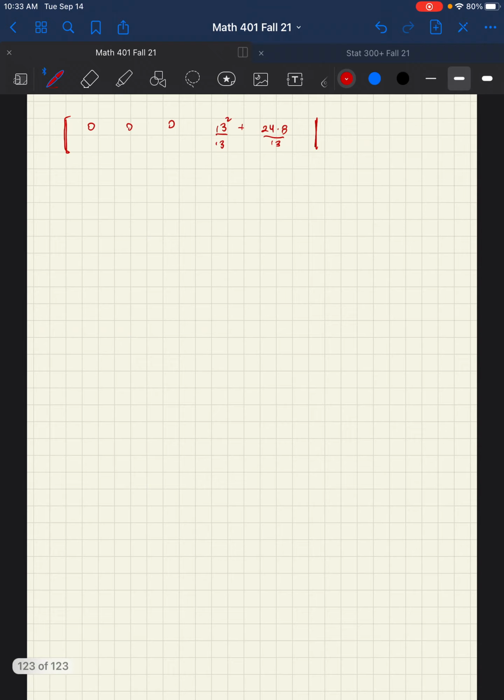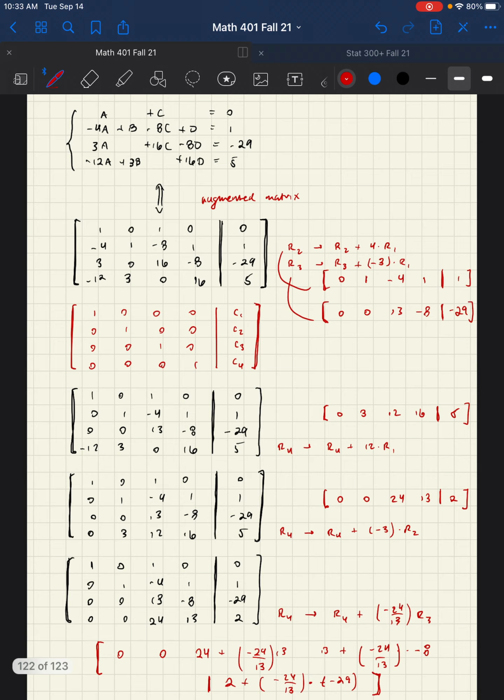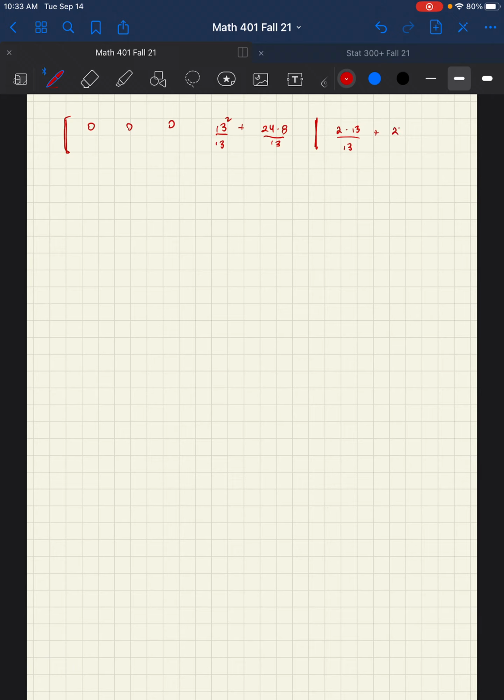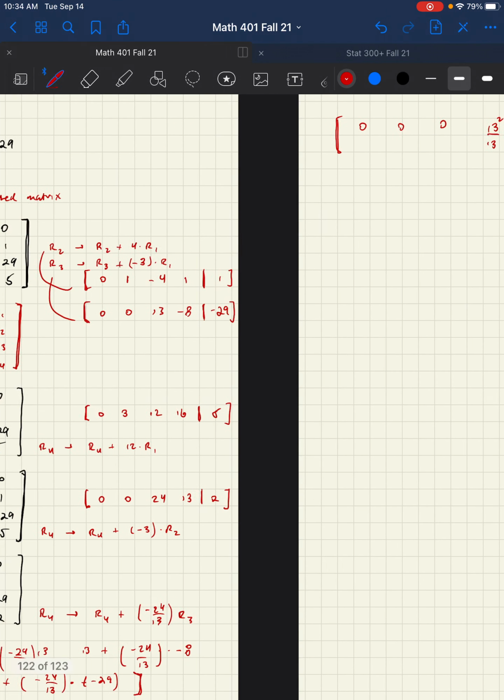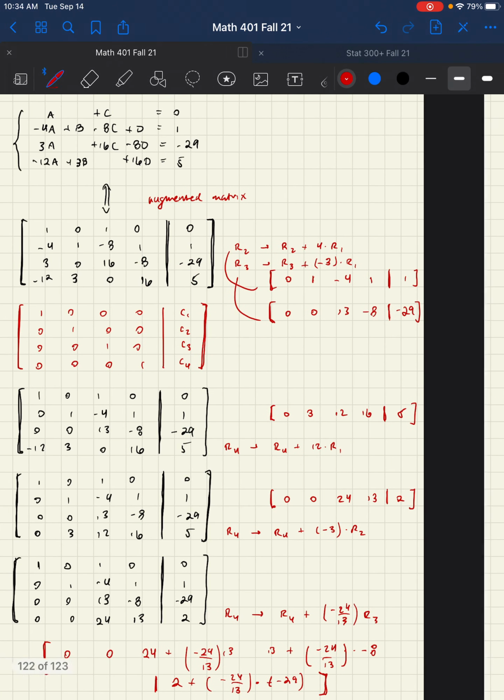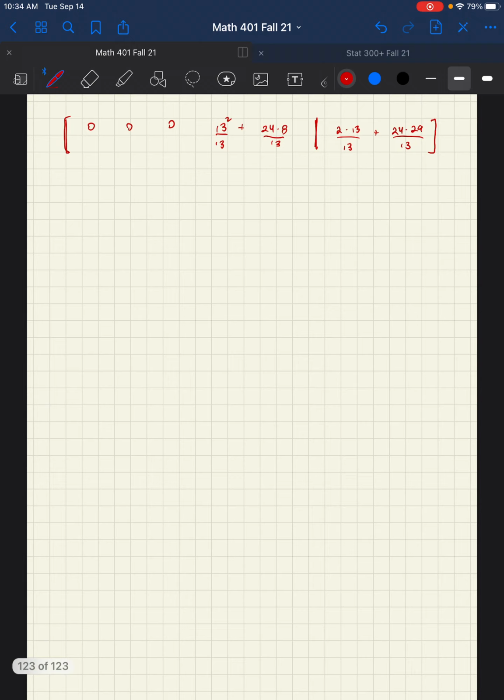again, we're going to have a fraction that's probably going to have a 13 in the bottom, so 2 times 13 over 13. Two negatives cancel out, so we get 24 times 29 over 13. Wow, that's not nice. All right, this is probably the point where you would need a calculator.